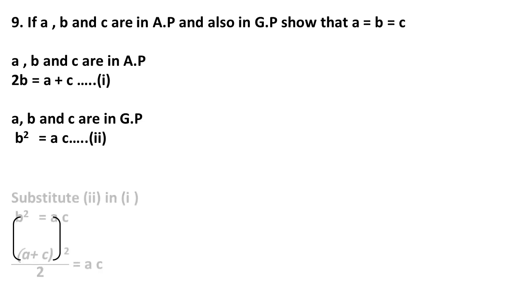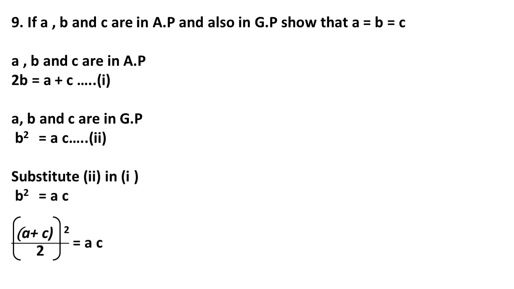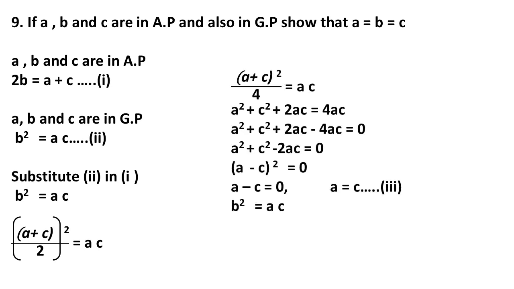Substitute result number 1 in result number 2. That is, in the place of B square is equal to AC, in the place of B, we can substitute A plus C by 2. So A plus C by 2 whole square is equal to AC. It can be written as A plus C whole square by 4 is equal to AC.